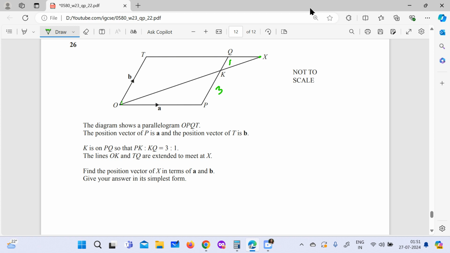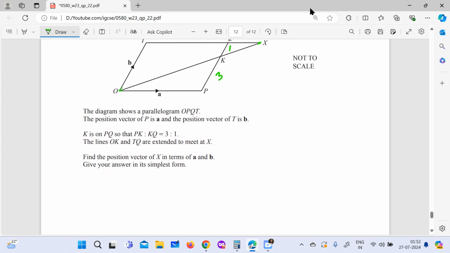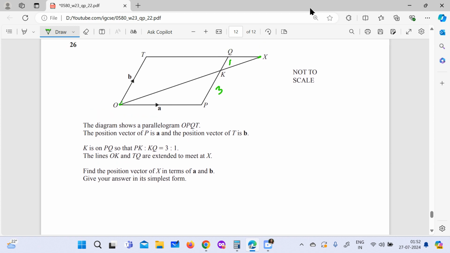Then find the position vector of X in terms of a and b. Okay. So to find the position vector of X, you need to find OX. Okay. Let's route it. How to route? Now, see, OX.